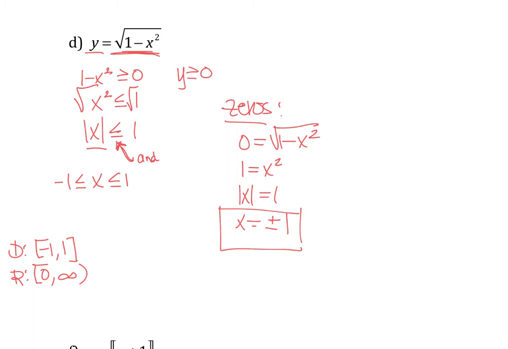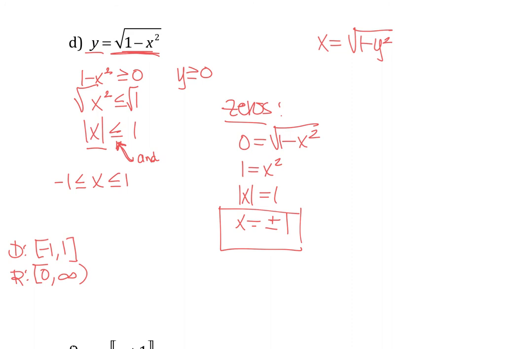Now I do want to mention something really quickly. If I had something like x equals root 1 minus y squared, in this case my input is my y's and my output is my x's.